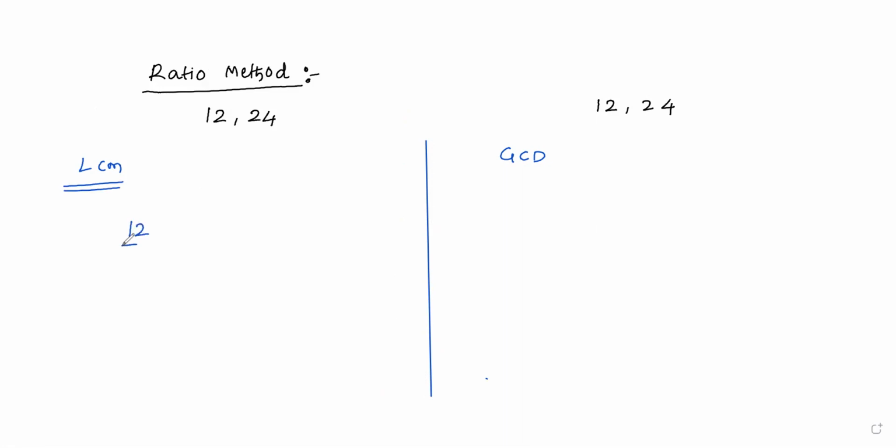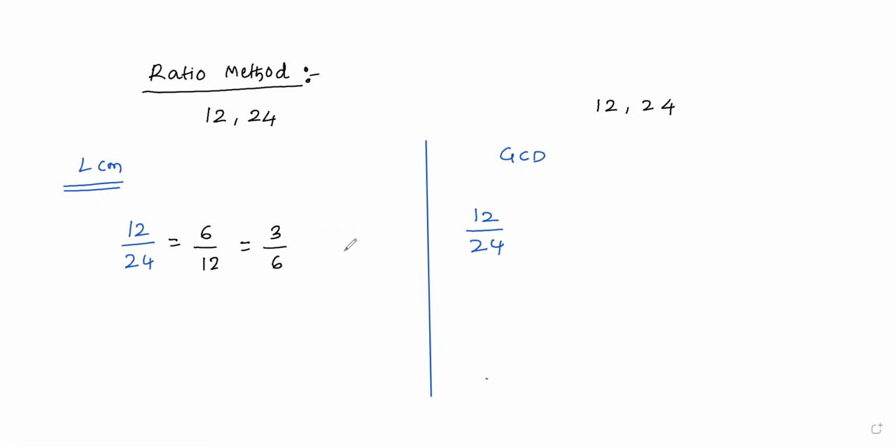So 12 by 24, this is called ratio or proportion, whatever. You can take 12 by 24 or 24 by 12, either way. In the 2 table, it will go 6 times, and 12 times. Again in the 2 table, it will go 3 times and 6 times.